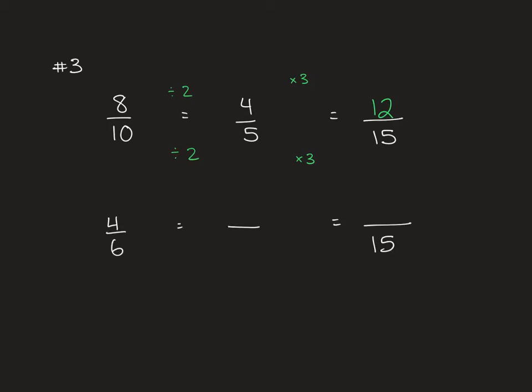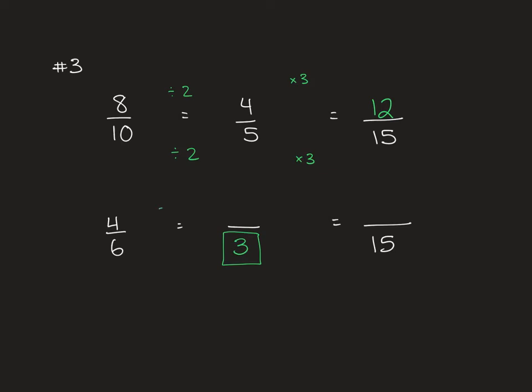Now for the rest of the questions, they won't fill in everything quite the same way for you. You'll have to figure out what your bottom number is going to be. So we need a number that we can divide 6 by, and then we can multiply that number to get to 15. So what number fits that bill? So we know that we can divide 6 to get 3, and then we can multiply 3 to get 15.